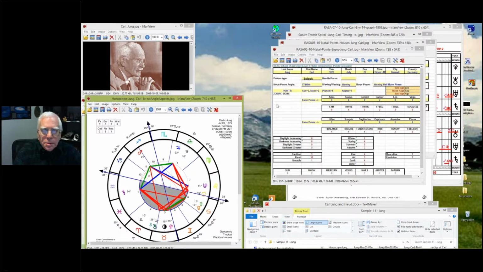So here's this chart, and I have to say, since when we did the natal chart, the pattern types have been edited and rewritten and corrected and made more specific and clear, and Jung's pattern type has changed. I had always referred to him as a splay type with the two empty areas. Looking at it, you see the two empty areas in the chart.